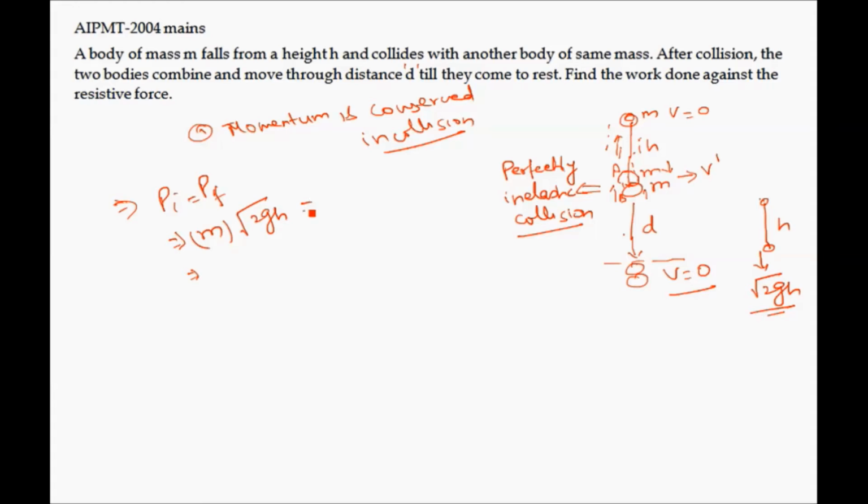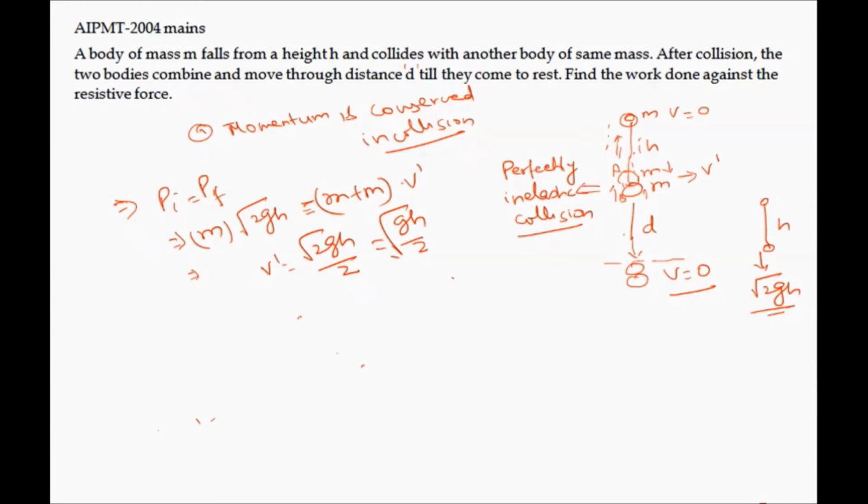So m times square root of 2gh is equal to (m plus m) into v dash, and v dash is equal to square root of 2gh by 2, that is, square root of gh by 2. So we get the value of velocity v dash.